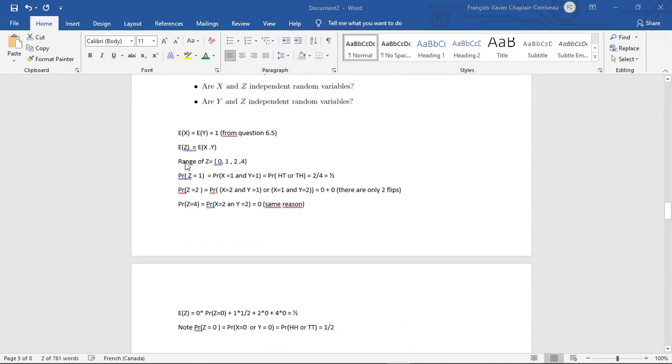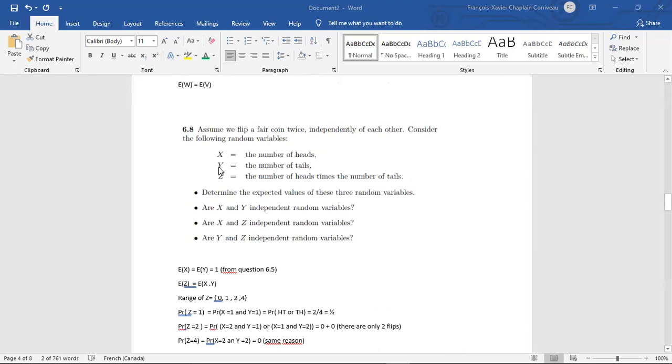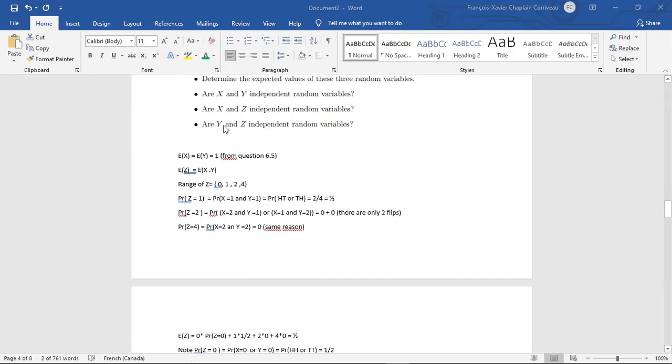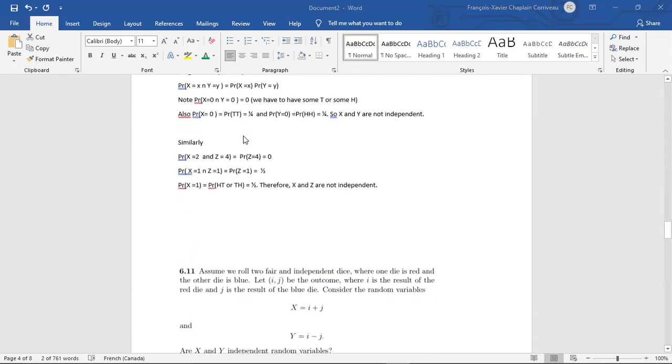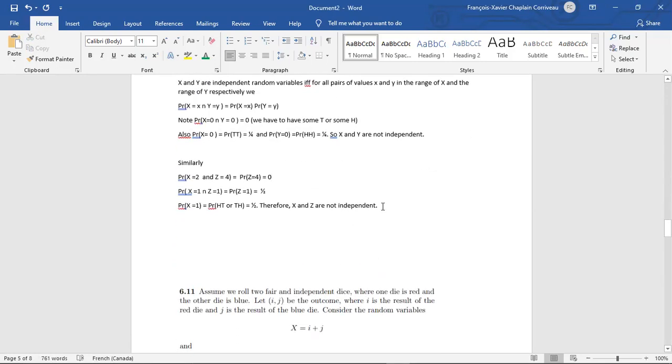And yeah, so z is x times y, right? But y is a function of x. y is just 2 minus x. So actually z is just a function of x. Actually z is just a function of y too. So again, if you understood this part, it's the same thing that we did here.